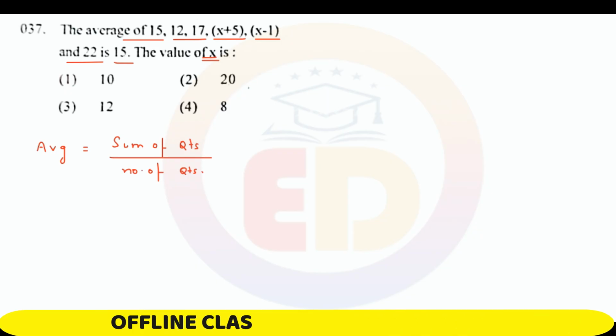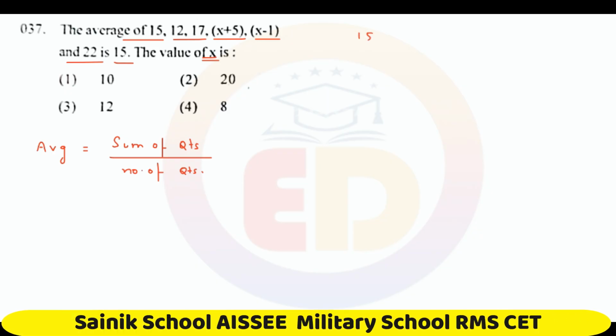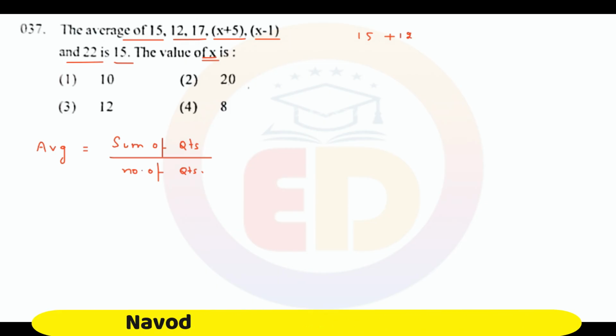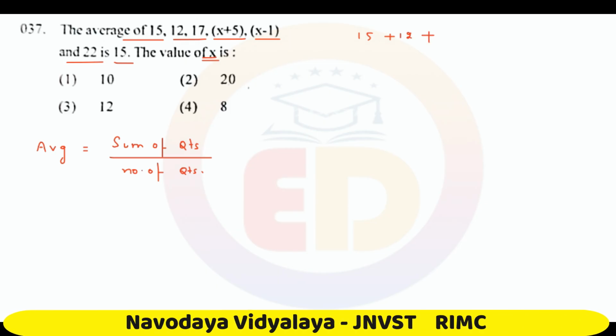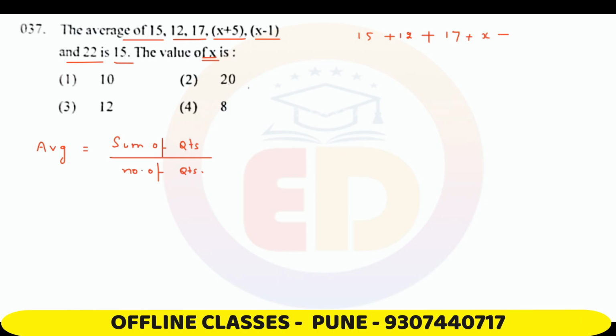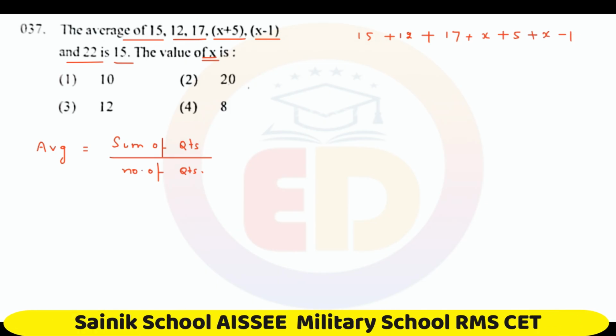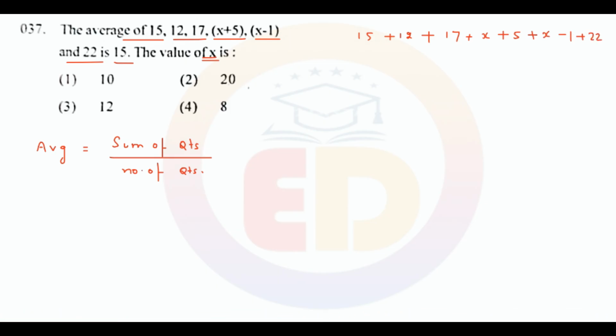Now here the quantities, the numbers, the values are 15. So let's add all of them. Plus 12 plus 17 plus x plus 5 plus x minus 1 plus 22.